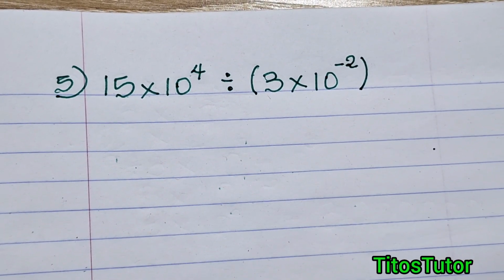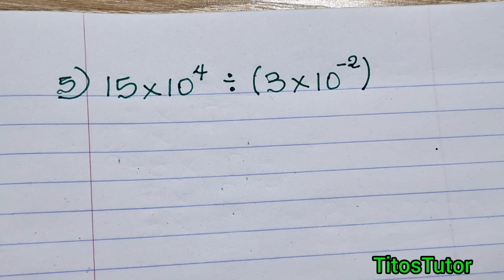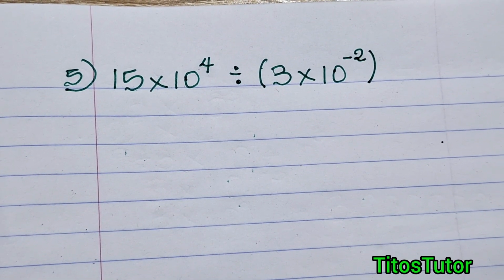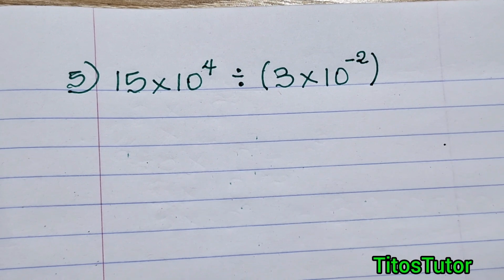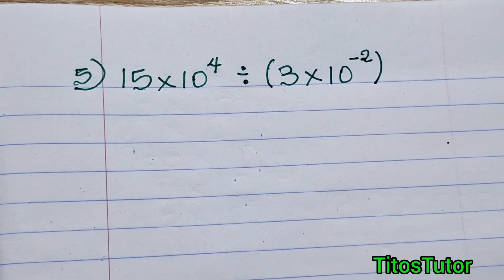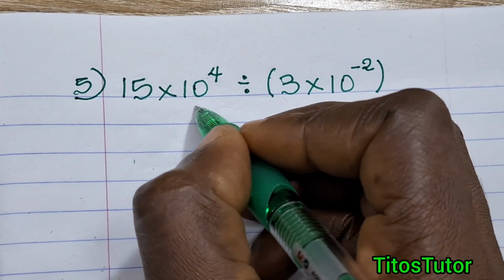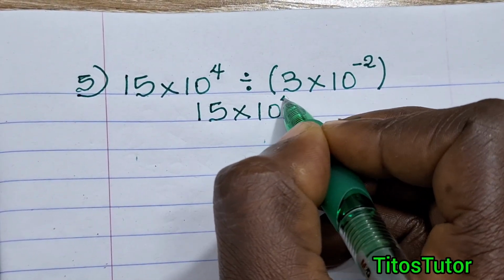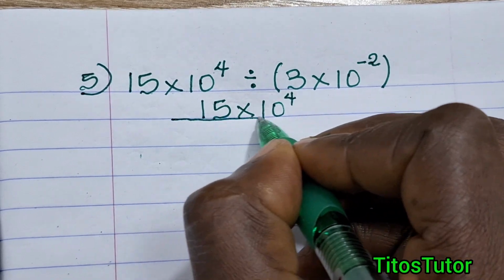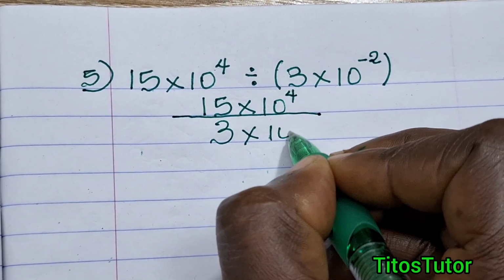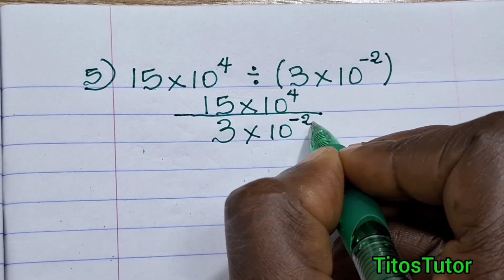Here we have it, the final question for this video, question 5. It says 15 times 10 raised to the power of 4 divided by, in brackets, 3 times 10 raised to the power of negative 2. That means I can rewrite this as 15 times 10 raised to the power of 4 over 3 times 10 raised to the power of negative 2.